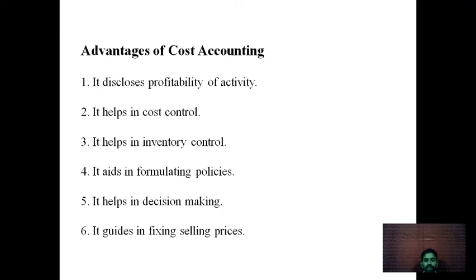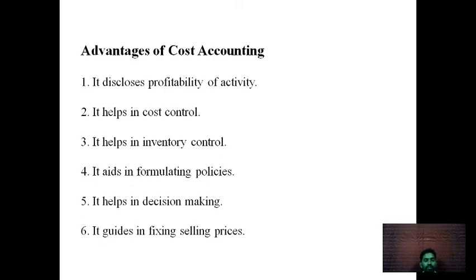There are many techniques for stock control, such as economic order quantity, as well as the FIFO method, first in first out, and LIFO, last in first out. These methods are used to control the inventory or stock. It aids in formulating policies. This cost data is very useful for the management in formulating various policies. So it is an advantage of cost accounting.